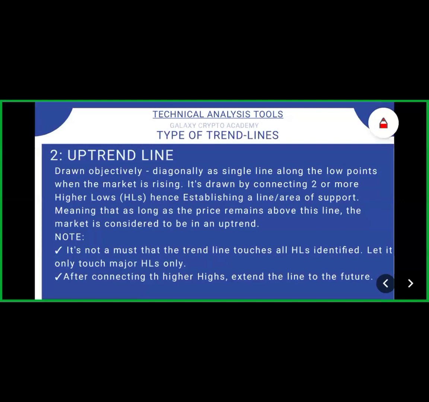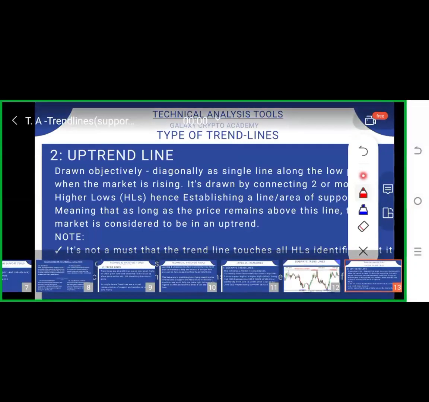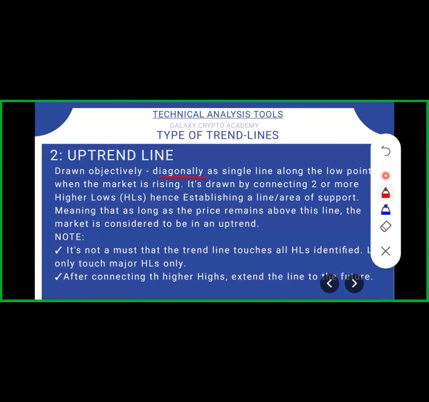You don't force what is not supposed to be there to be there. So if the goal is to draw and monitor the rising trend, you are supposed to draw it objectively, diagonally, as a single line.